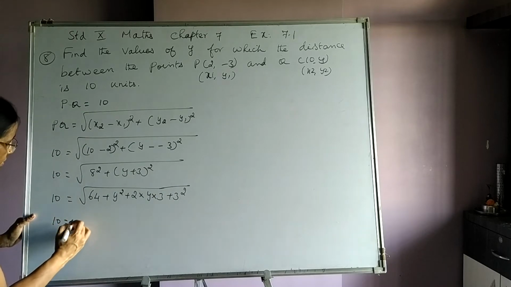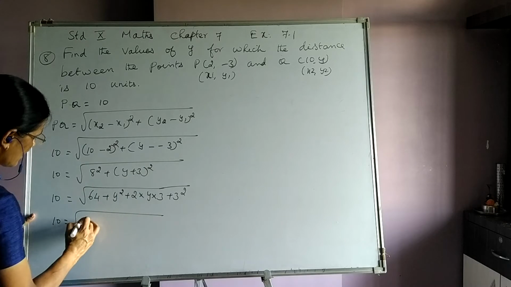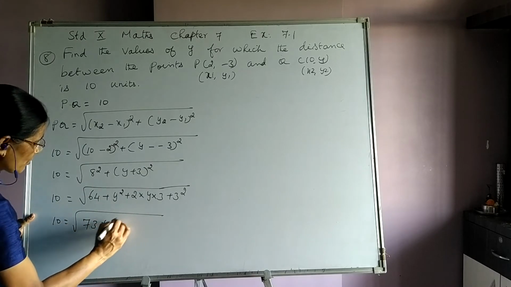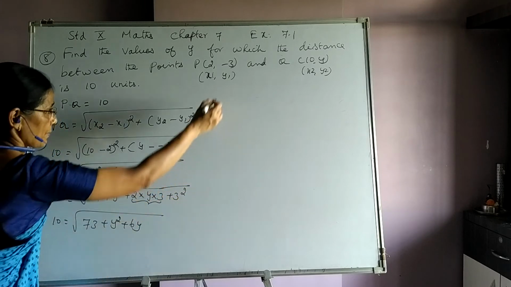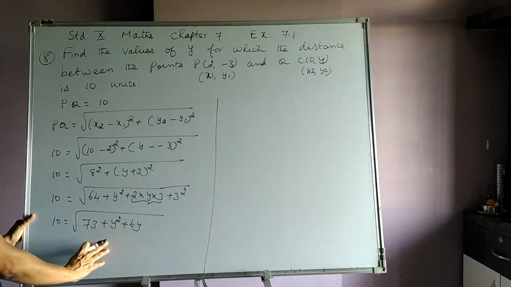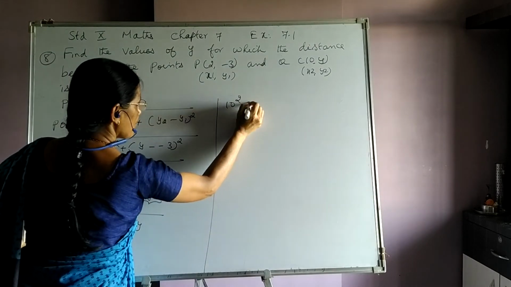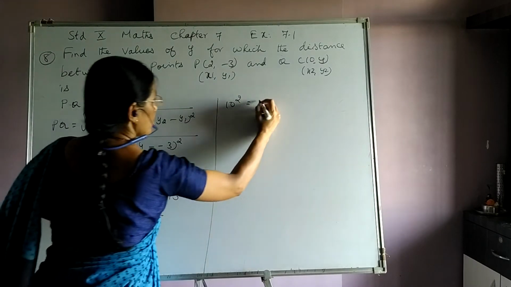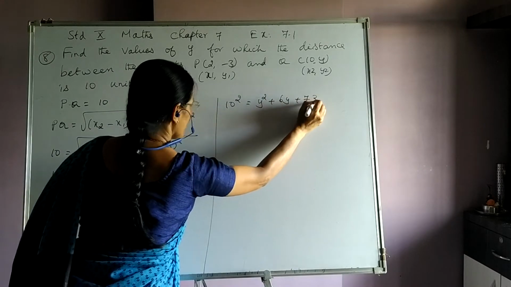So 10 is equal to root of 64 plus 9, that is 73, plus y square plus 2 into y into 3, which is 6y. Now to remove this root, we are going to take square on both sides. So 10 square is equal to y square plus 6y plus 73.